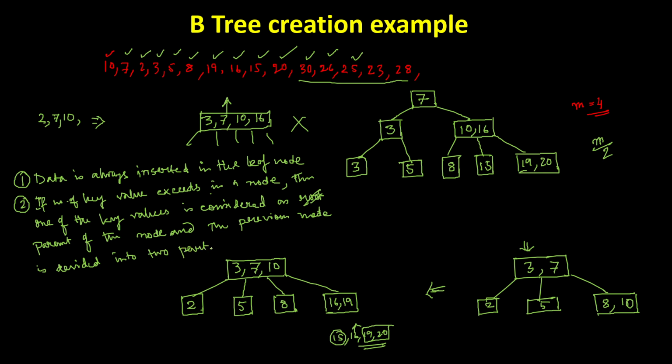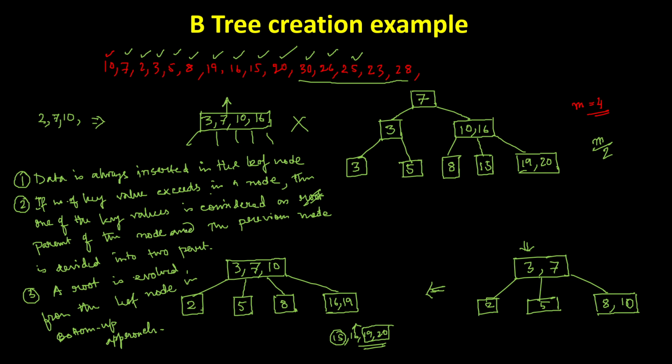So this is a way by which a root is evolved from the leaf node in a bottom up approach. So these are the 3 points you should remember when you create a B tree.